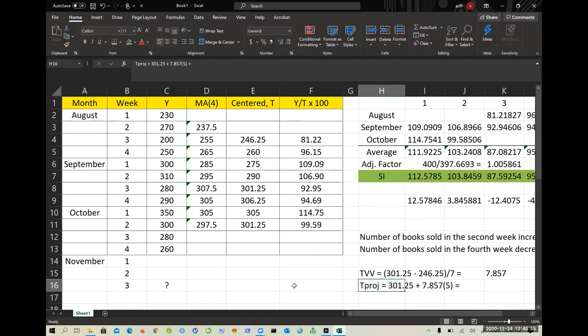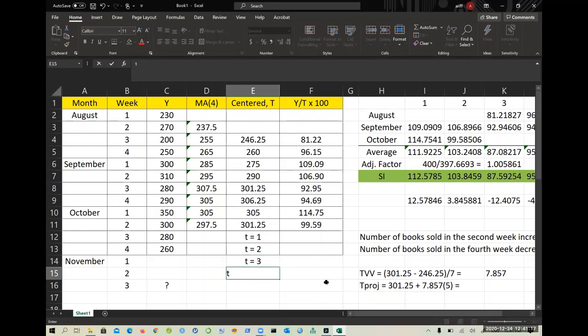Okay, so the last trend value is in the second week of October. So the next one is the third week of October. We'll take the small letter t equal to 1. And then this continues, this will be t equal to 2, then t equal to 3, t equal to 4, and finally, at the third week, you have t equal to 5.